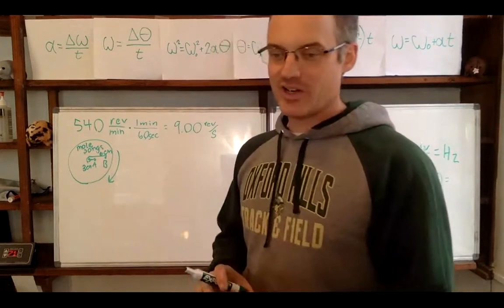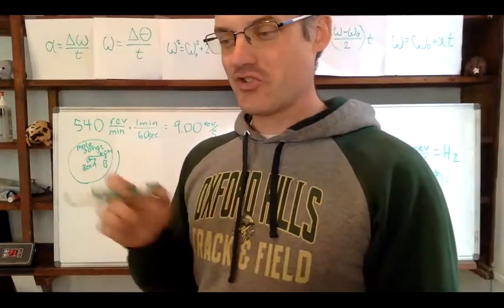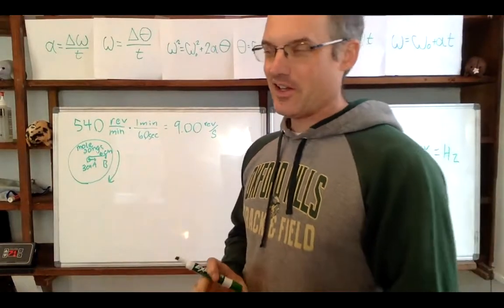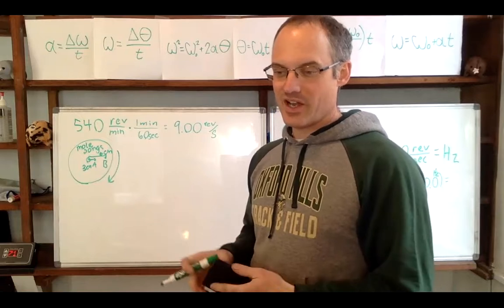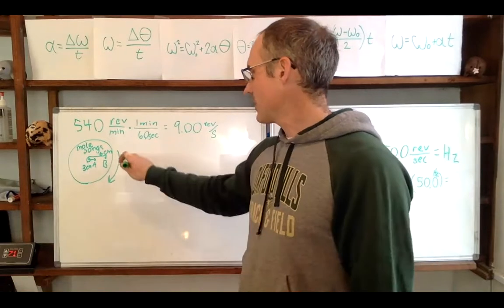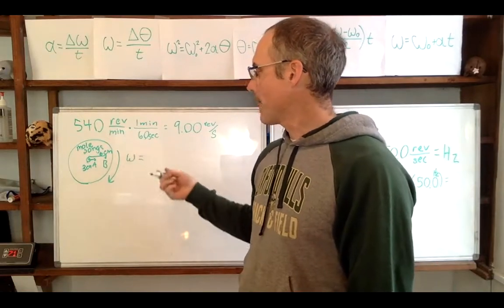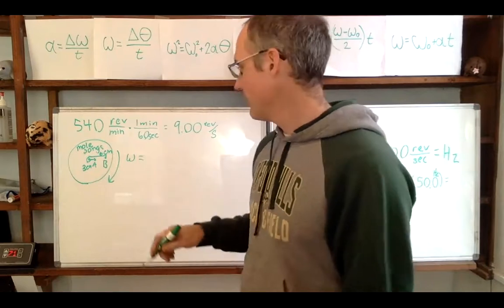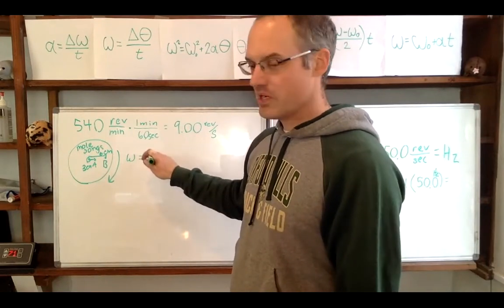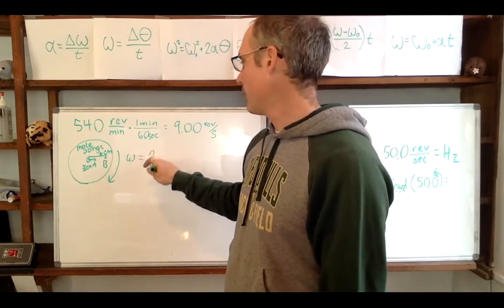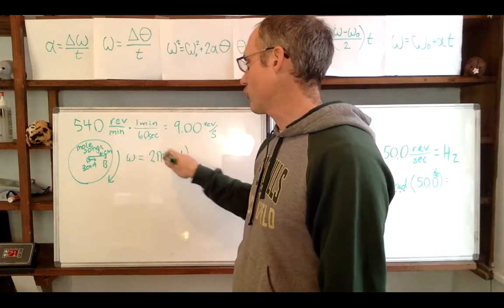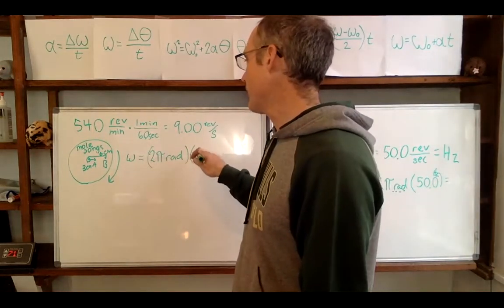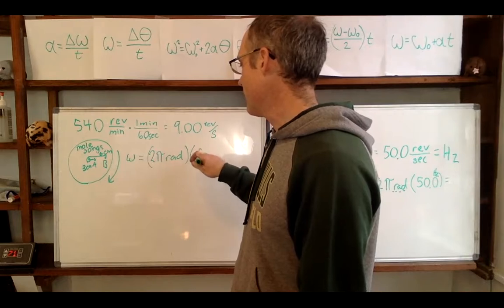All right, so we're at 9 revolutions per second. So again, that's a frequency calculation. So we can calculate our angular speed for that, meaning that we have to do 2 pi radians times our frequency, f.